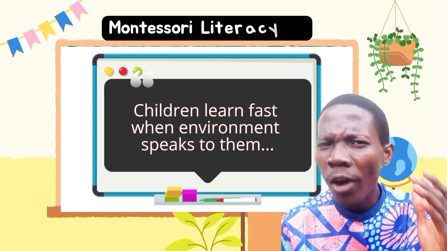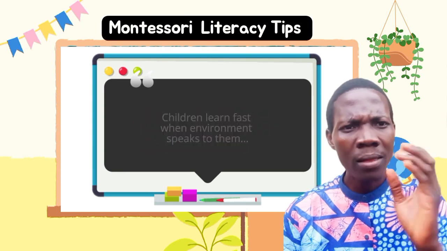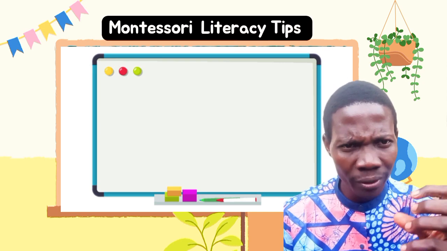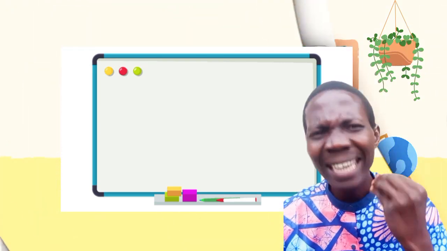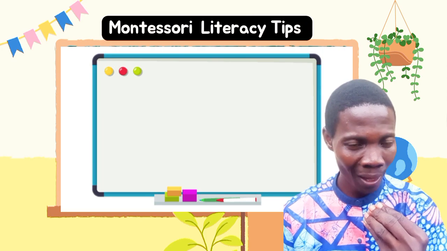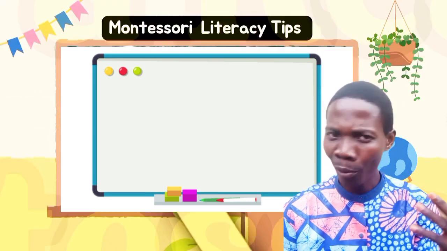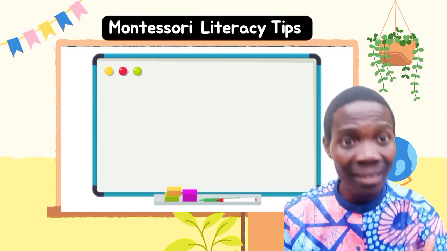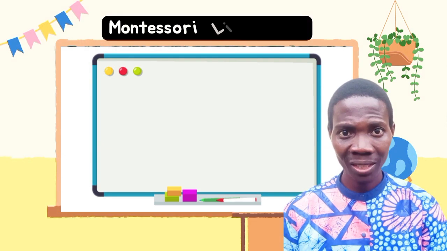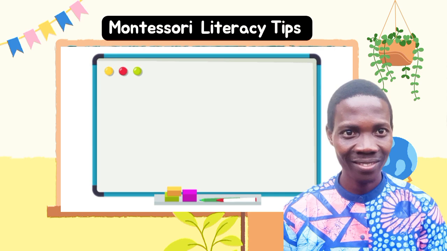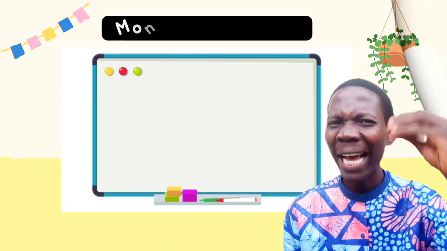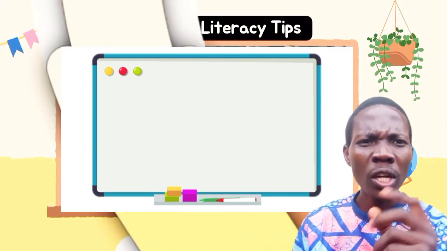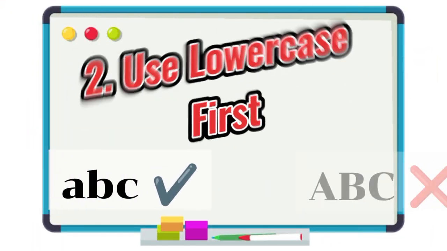They learn faster, and this builds word recognition naturally in their everyday encounters. What's more important for learners to learn to read than when they can recognize words? So that is it. Label everything around them. Number 2, use lowercase first.